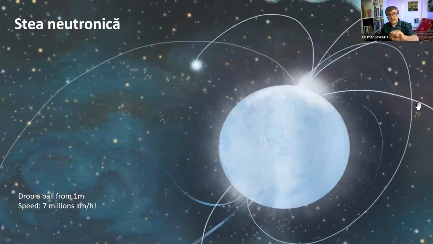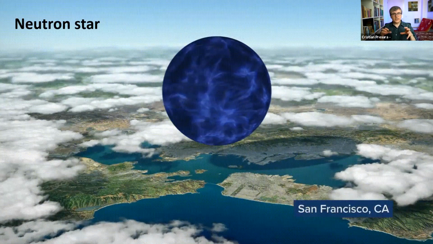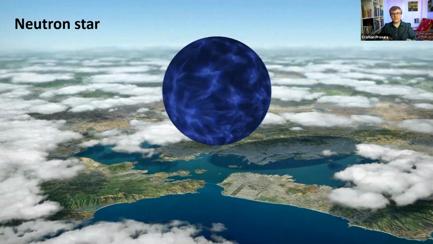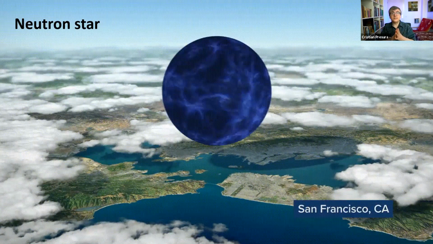Now, this is the remnant, the neutron star. And of course, this is an animation. Nobody saw it like this, but I like this animation because it has a few features. First of all, I have a second animation here. The neutron star is shown as if it were above San Francisco. So what you see is that the neutron star has the size of a city.